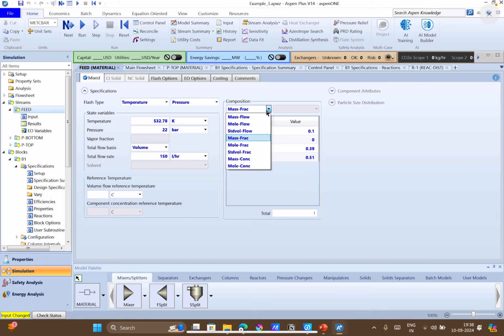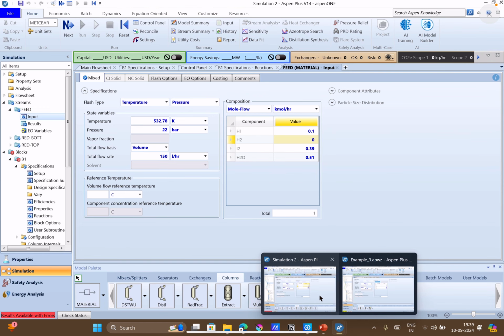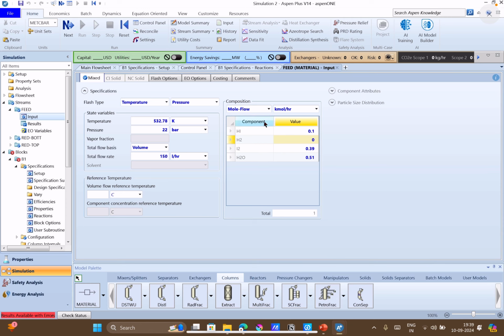Here I have selected mass fraction. Okay, yeah, sorry, this is my mistake. So here I had to change it to the mole fraction.